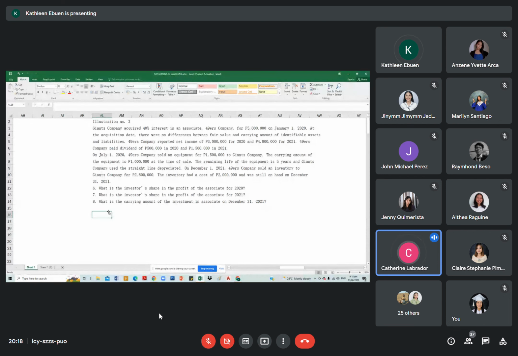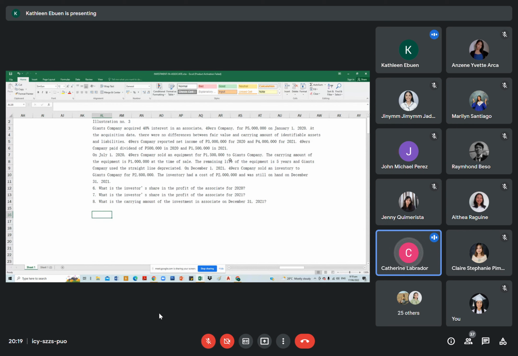At the acquisition date, there were no differences between fair value and carrying amount of identifiable assets and liabilities. 49ers Company reported net income of 3 million for 2020 and 4 million for 2021. 49ers Company paid dividend of 500,000 in 2020 and 1,500,000 in 2021. On July 1, 2020, 49ers Company sold an equipment for 1,500,000 to Giants Company.